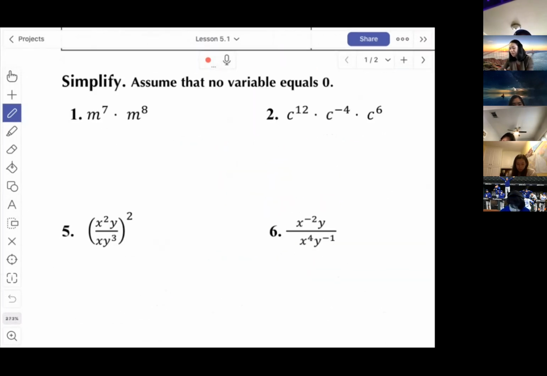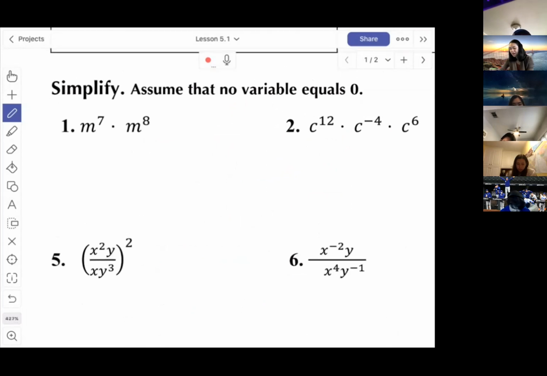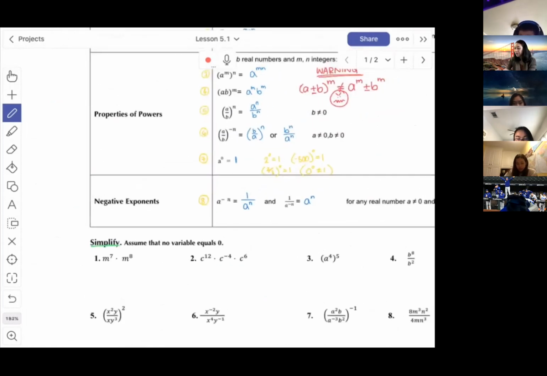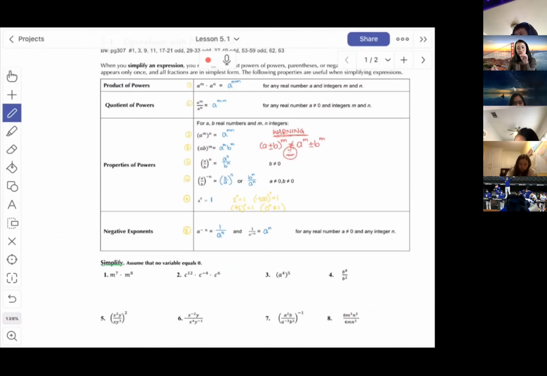So starting with number 1, we are asked to simplify, assuming no variable equals 0. Number 1, I see I have the same base being multiplied. That looks just like property number 1.